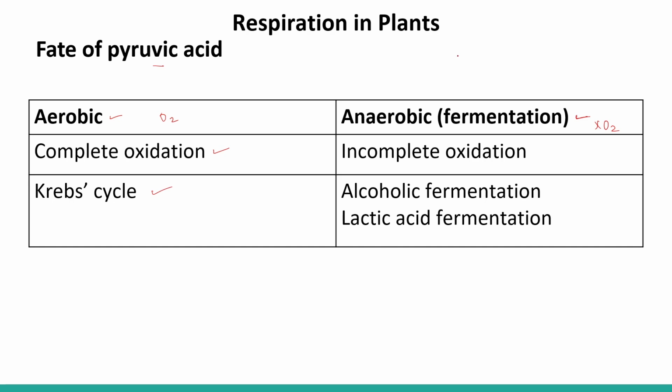But if the pyruvic acid follows the anaerobic pathway, then incomplete oxidation of pyruvic acid, or you can say incomplete oxidation of glucose, takes place, and this takes place with the help of alcoholic fermentation, and the second one is lactic acid fermentation. So anaerobic respiration is also known as fermentation, and there are 2 types of fermentation: alcoholic fermentation and lactic acid fermentation.